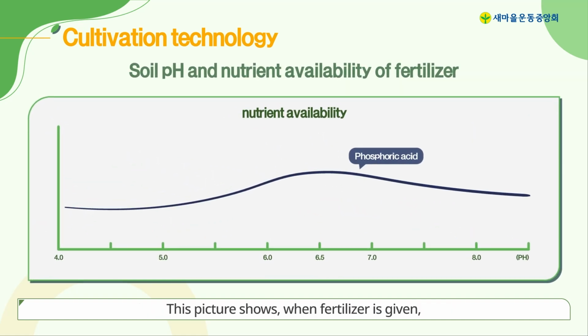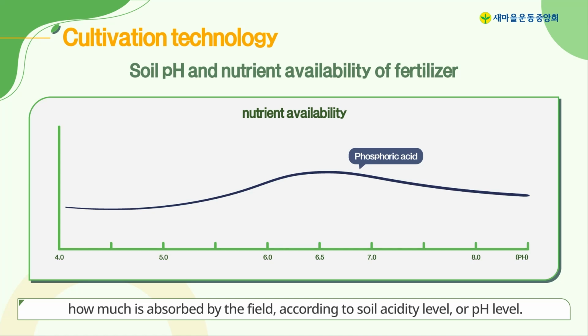This picture shows when fertilizer is given, how much is absorbed by the field, according to soil acidity level, or pH level. It shows that when the pH level is right, the fertilizer is efficiently absorbed. Take phosphoric acid as an example.